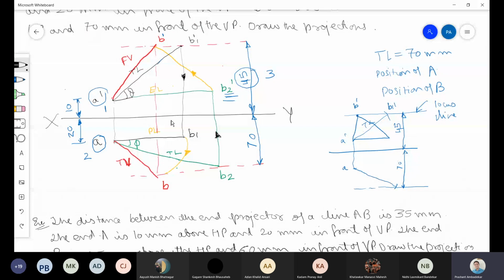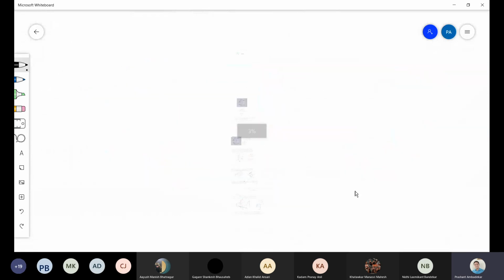This is the distance between the end projectors. Can you see this? All of you have noted it. Distance between end projectors is the distance between the A point and B point. So this one is given as 35. That's it. The rest of the sum is exactly like this.